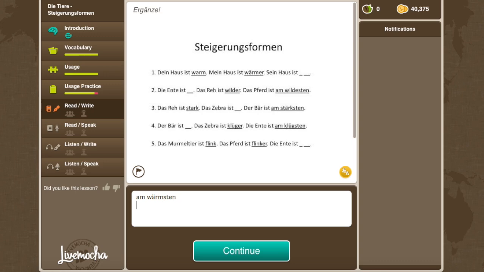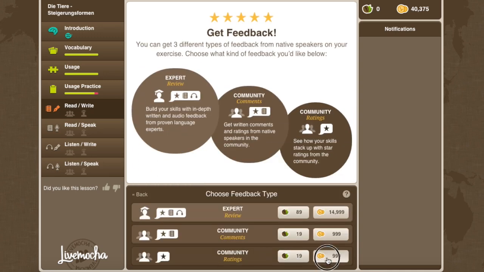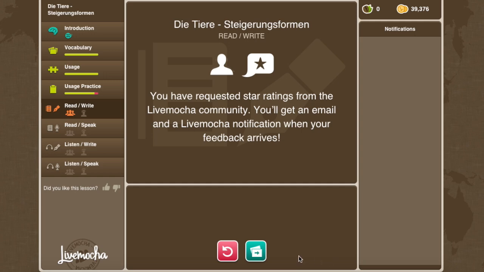The example that I used earlier was a comparative and superlative explanation, and I had to write in either the comparative, superlative, or positive form of an adverb, and they gave me two sentences and I had to write in the third one. It was an interesting way of looking at it. And then when you get done, you can actually send this off to somebody to take a look at and give you some pointers and tips and whatnot. And that's a nice little feature on there.